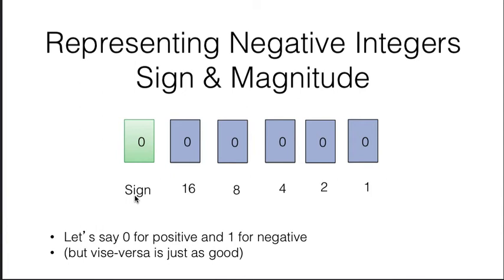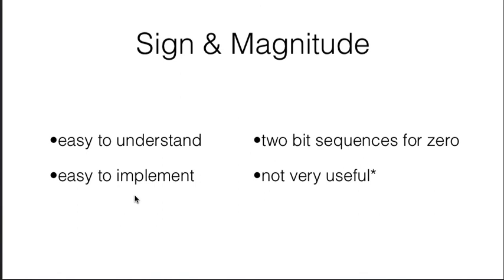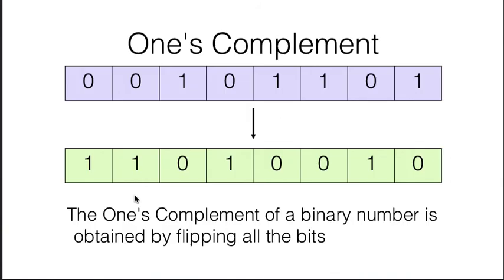And so one system was sign plus magnitude, where you have one bit reserved for the sign. That was easy to understand, easy to implement. One of the problems with it was that you had two representations of 0. So there's two ways to represent 0, which was not ideal. And I said that's not very useful, and I'll show you now what I mean by that.